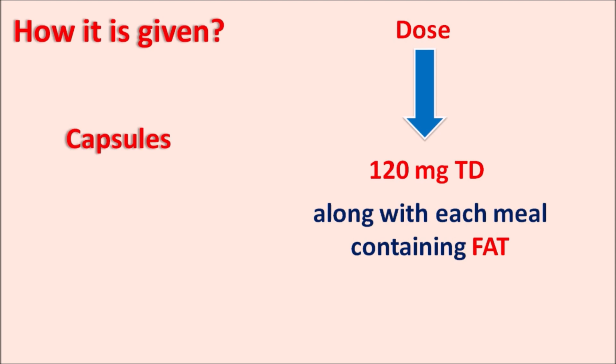In such situations, there is no need to take this orlistat. So each meal should have a fat content such that it can reduce lipid absorption and better control weight in the patients. So that's about this drug orlistat, which is a reversible lipase inhibitor.